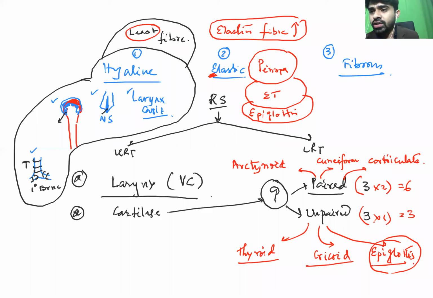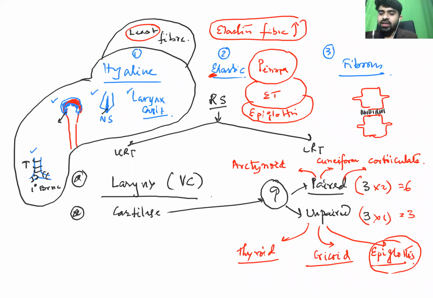So if I draw this one, I think you know what structure I am drawing. Can you tell me what the structure I'm drawing is? Spinal cord? No, beta. This is something related to the bones.